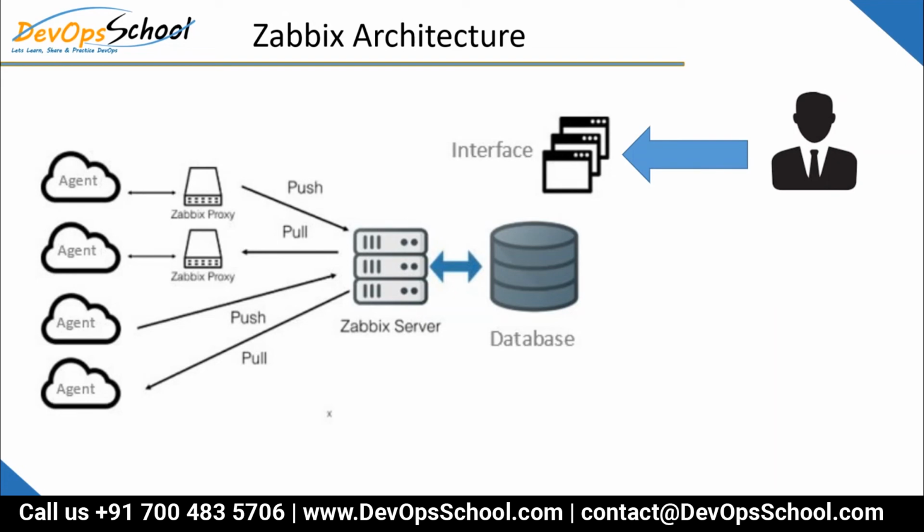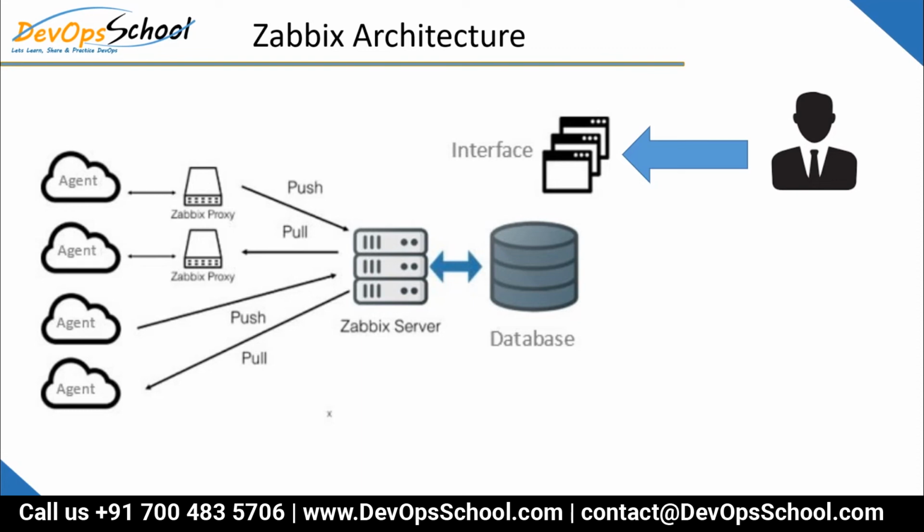Can a single Zabbix proxy act as both push and pull? Okay. Yes, it can be used for both push and pull, but on different ports. I understand it this way.